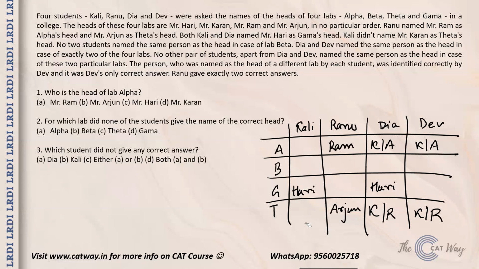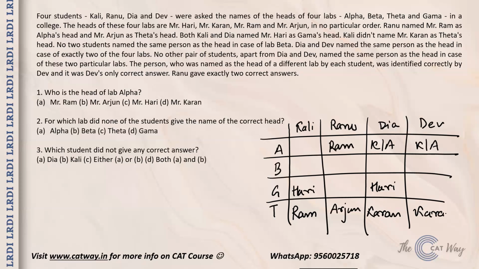You see that no pair of students apart from Diya and Dev name the same person as the head in case of these two particular labs. Because in Theta, Diya and Dev are giving the same answer, no other pair can have the same answer. So Theta cannot have Arjun by Kali as well. So the only option is taking Ram over here, and that leaves us with Karan in these two places.